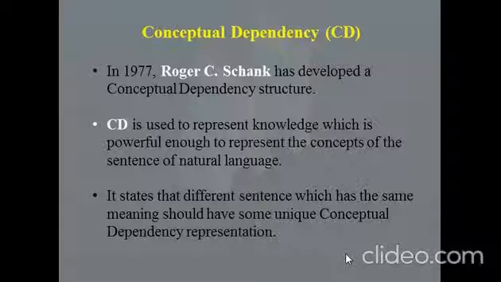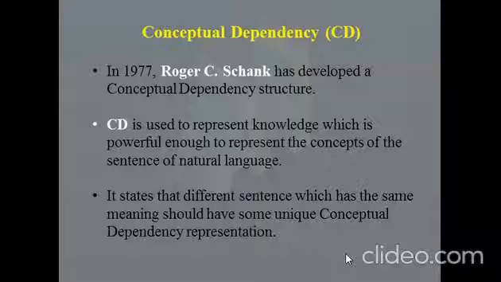In a language, we can have many sentences which have the same meaning. We call it a concept. So if the concept is unique, it can be represented in many ways in a spoken or natural language, be that English, Hindi or Malayalam.